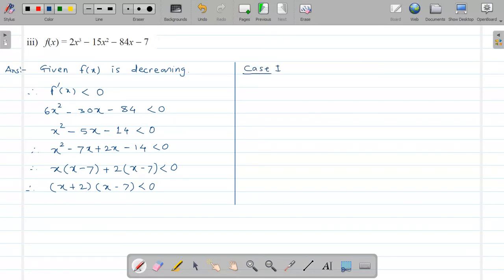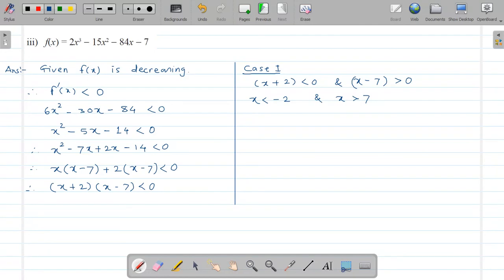So we have to consider case number 1: x plus 2 is negative, then we have to take x minus 7 positive. Now from this you will get x less than minus 2 and x greater than 7. Now we have to find out the number where x is less than minus 2 but x must be greater than 7.